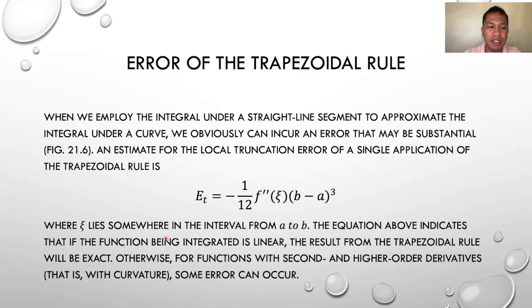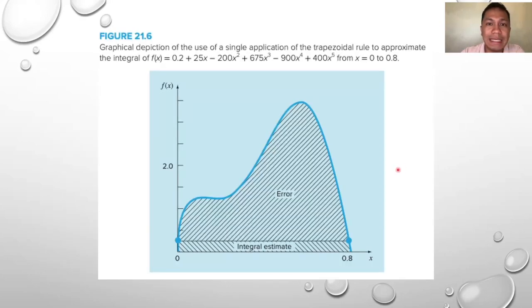The equation above indicates that if the function being integrated is linear, the result from the trapezoidal rule will be exact. Otherwise, for functions with second and higher order derivatives, that is with curvature, some error can occur. This is the graphical representation of the use of a single application of the trapezoidal rule to approximate the integral of this function from 0 to 0.8.